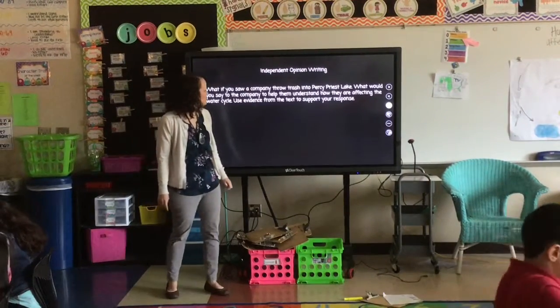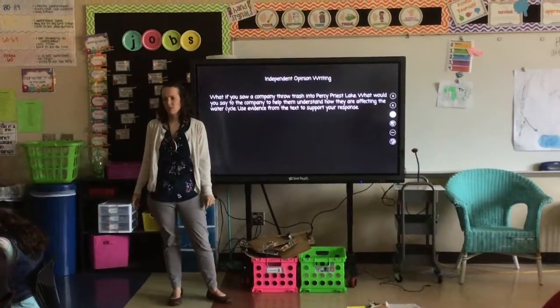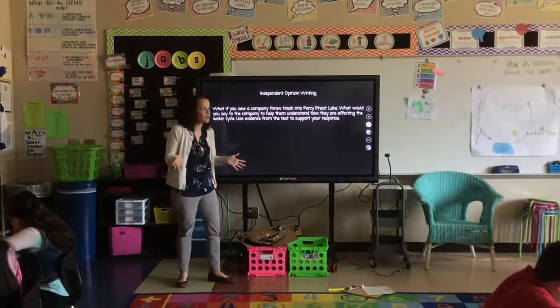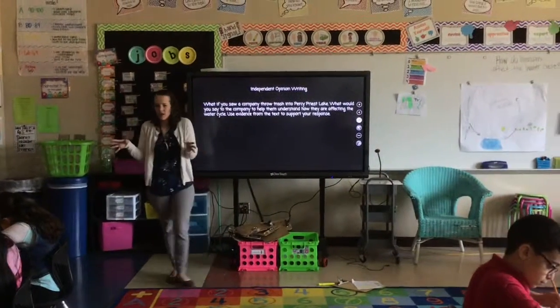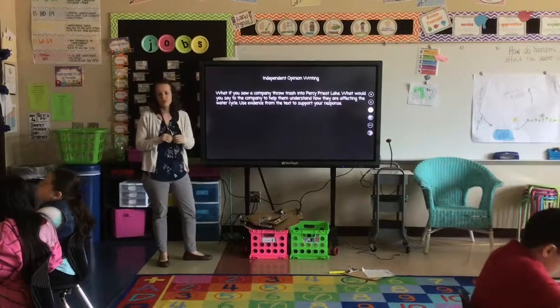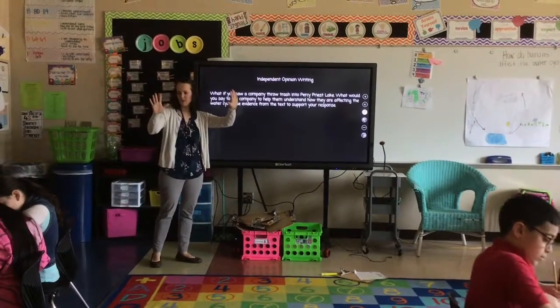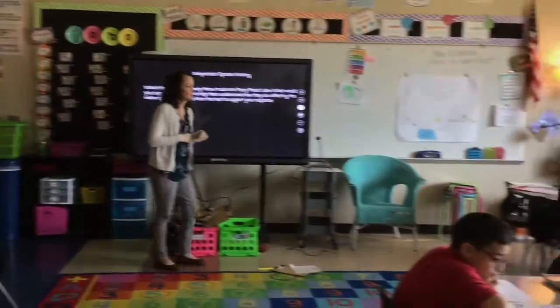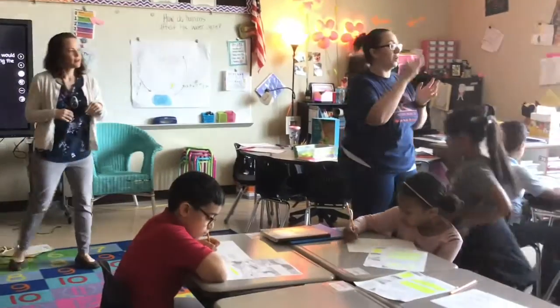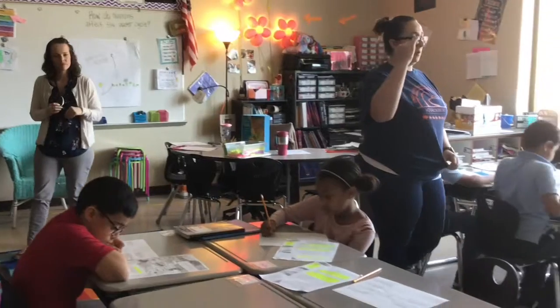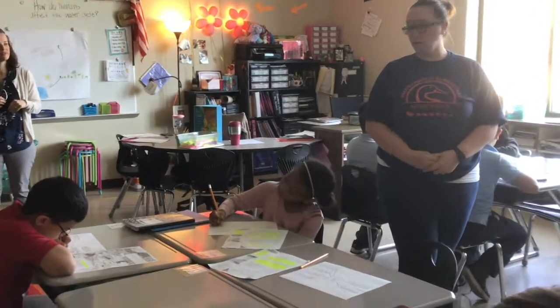Use evidence from the text to support your response. So what are you going to tell them? Knowing what we've just learned, you're going to write in your reading response journal, and use text evidence just like we used on our multi-flow map. So what would you tell them if you saw them dumping trash? How would you explain to them how they're hurting the water cycle?